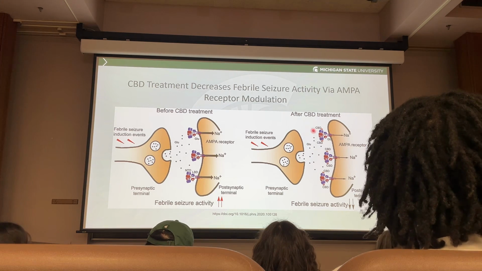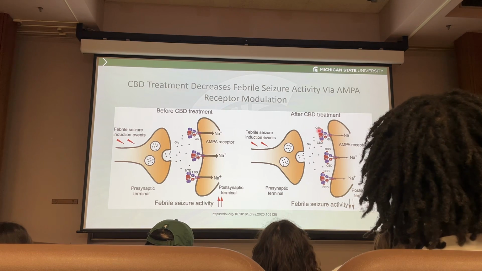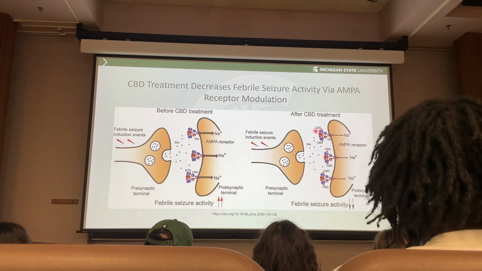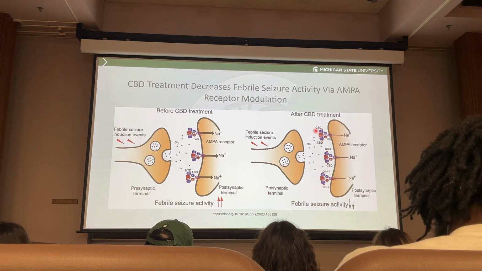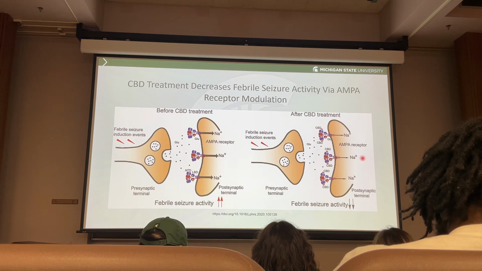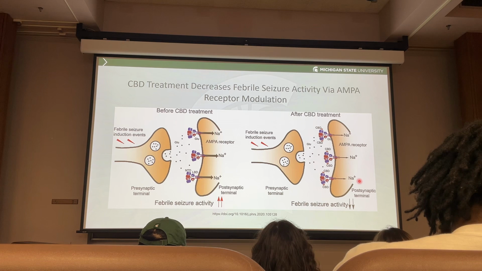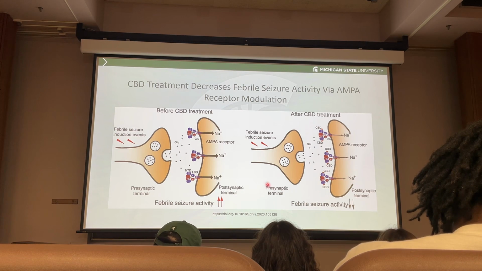And then if you treat with CBD, what they've found is that the CBD molecule can stabilize certain subunits in the AMPA glutamate receptor, causing a decreased amount of downstream transmission. And the overall effect here is that there's a decrease in seizure activity.